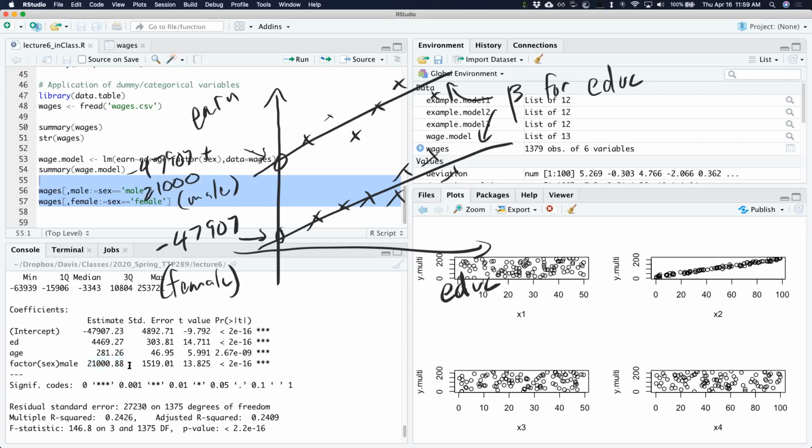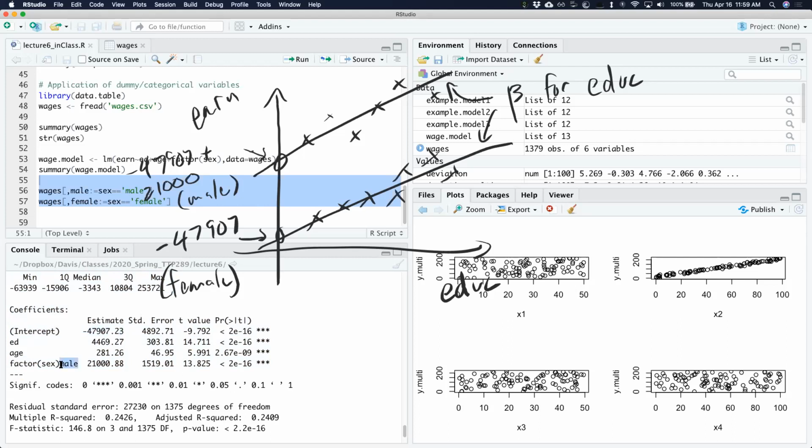And the one thing that's oftentimes a little bit confusing and misinterpreted, especially when you're first learning about this, is that when I have a category of 2 or more, where a dummy is essentially a categorical variable with 2 discrete outcomes, you always end up omitting one outcome, and that is your base level.